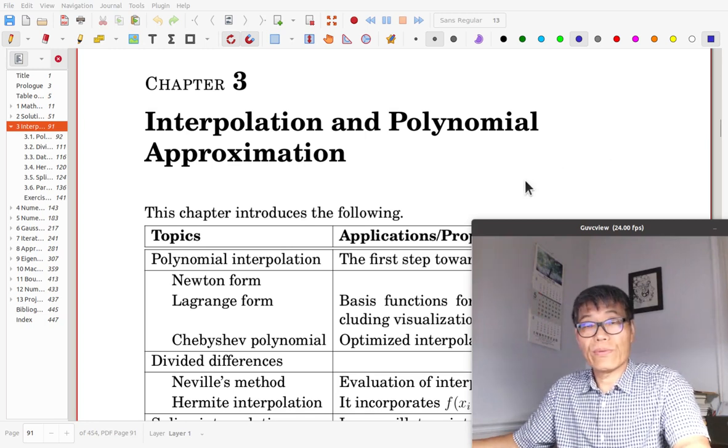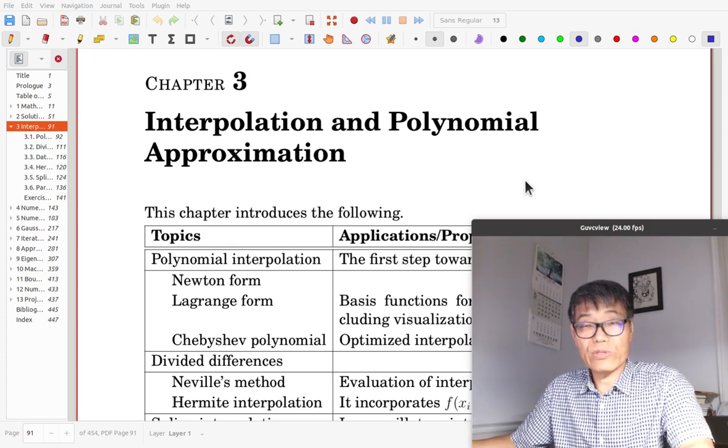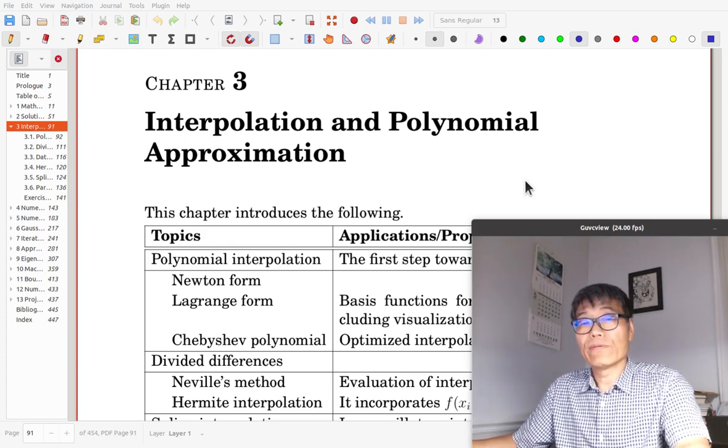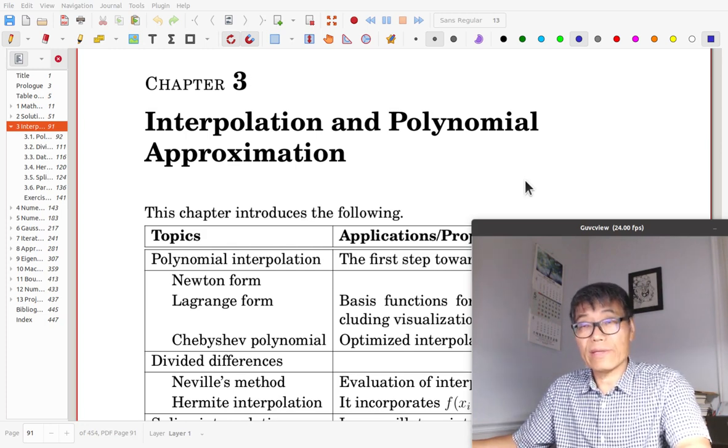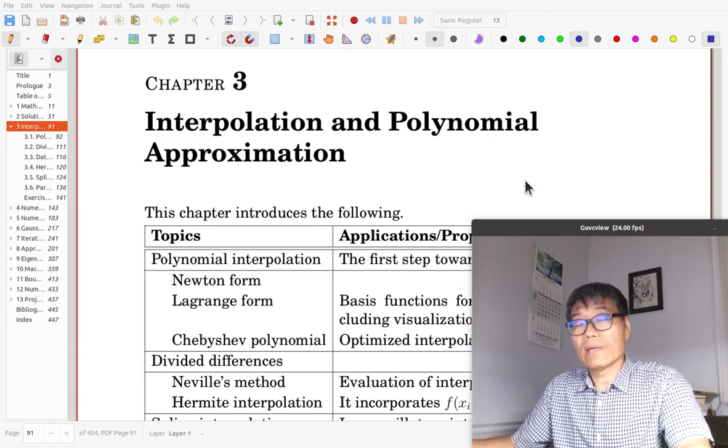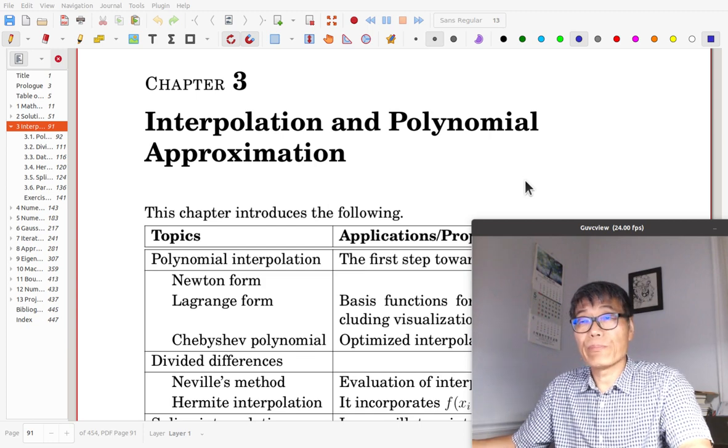It is Chapter 3, Interpolation and Polynomial Approximation. For given discrete data points, interpolation is to construct a continuous function passing all the data points.